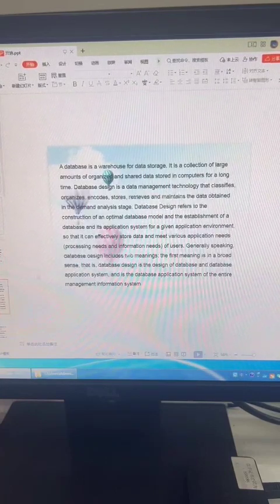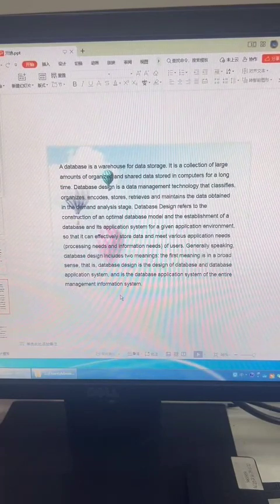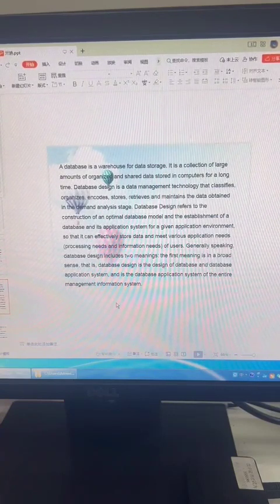A database is a warehouse of data storage. It is a collection of large amounts of organized and shared data stored in computers for a long time. Database design is a data management technology that classifies, organizes, encodes, stores, retrieves, and maintains the data obtained in the demand analysis stage.